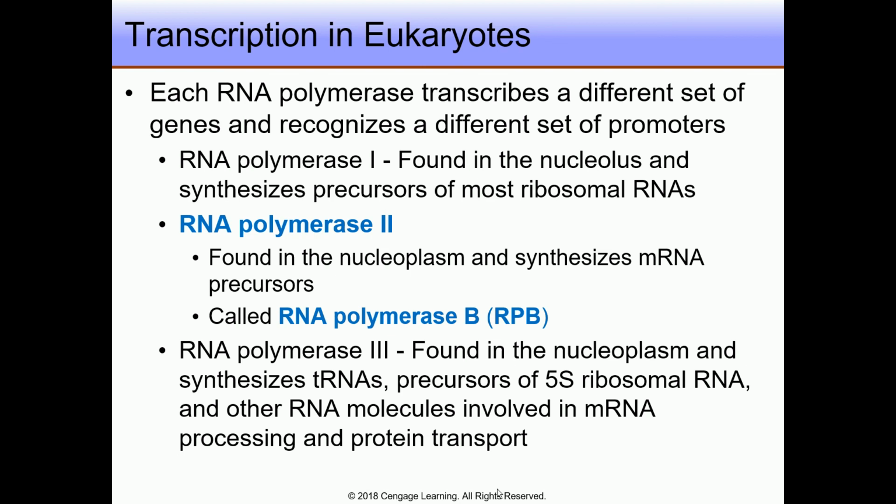So the basic process is the same. The most important difference is the involvement of some proteins which are called transcription factors. Transcription factors are not involved in the transcription in prokaryotes, but they are involved in the eukaryotes. So RNA polymerase is involved.